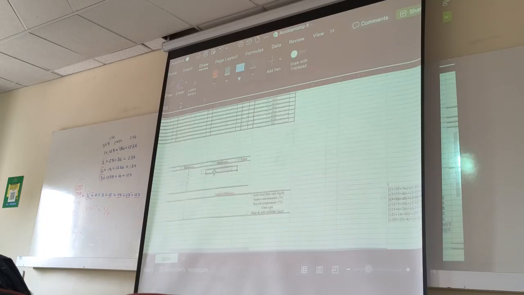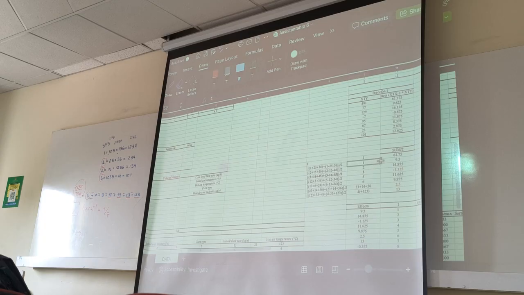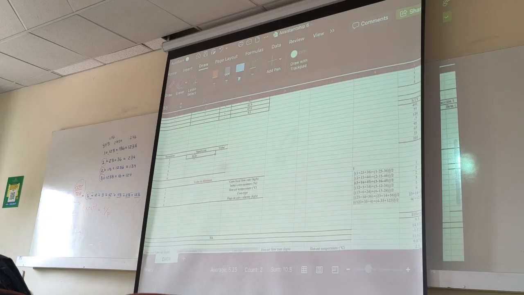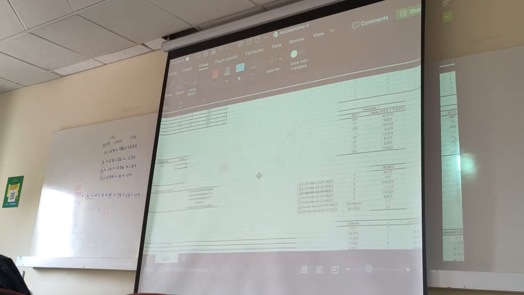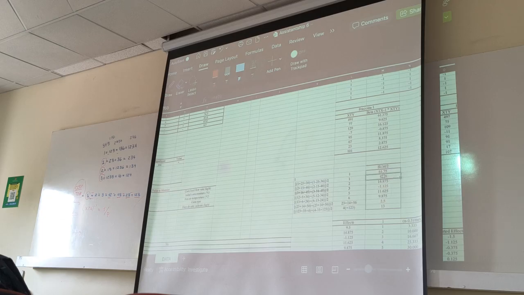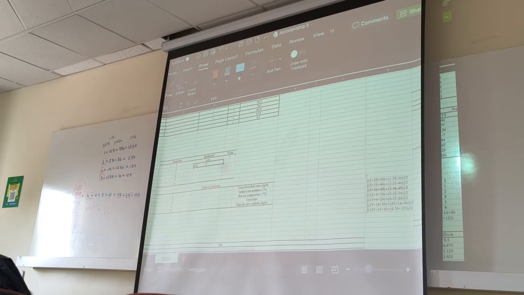But we get that the first one, this one is significant, so this, yes, and it's positive, the 9.5. The second is significant and is also positive.